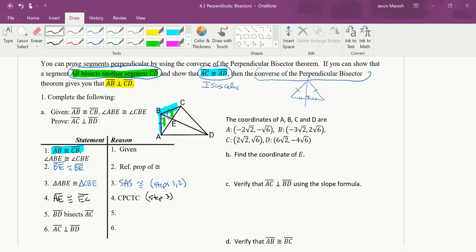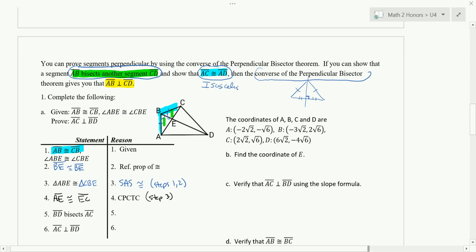So we say, because those two are the same, BD has to bisect AC. Why? This is how you finish the proof on your Unit 3 test. It's the second proof. What did you write? Definition of segment bisector, relying on step 4.